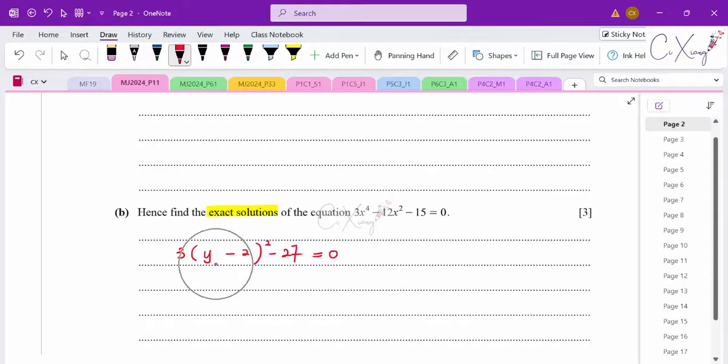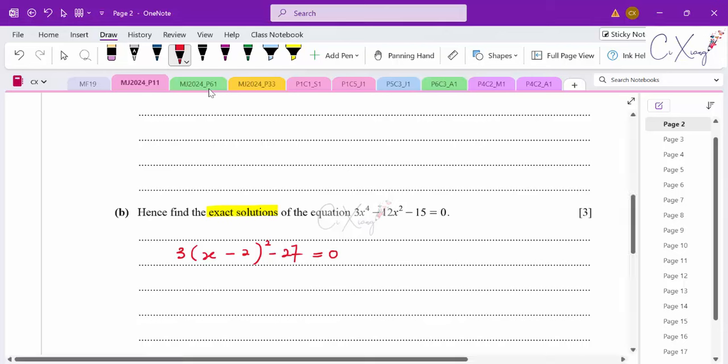Just that I cannot use the y anymore, because in this equation the y has been replaced by x squared, so I replace it with x squared. Now they want us to get the exact solution. That means your final answer must be in surd form or pi form or e form, but cannot be a long decimal number.